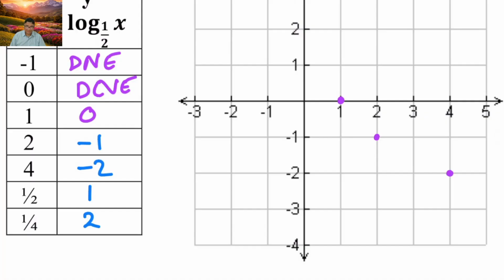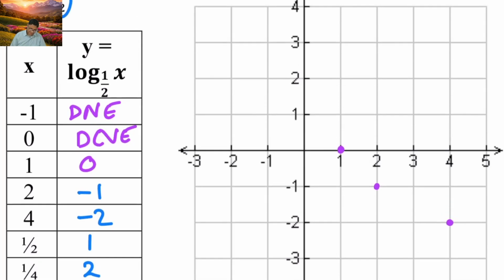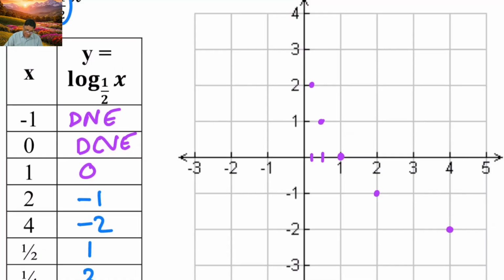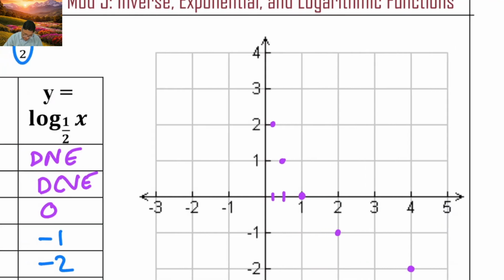So it's decreasing towards the right. What happens on the left? At half, the value is 1. At 1/4, half of half, the value is 2. So now the pattern is clear. Your graph is going to be this.